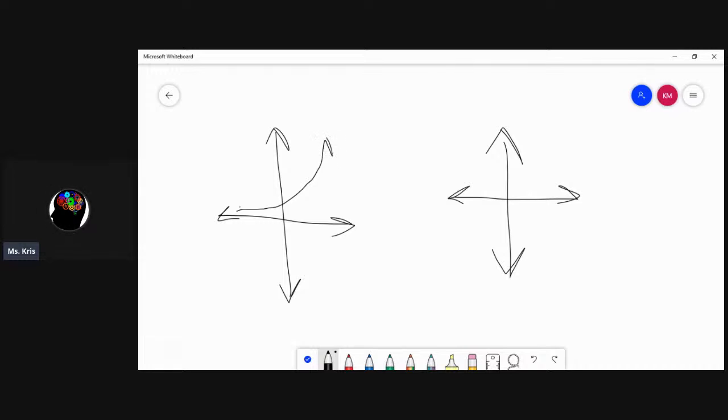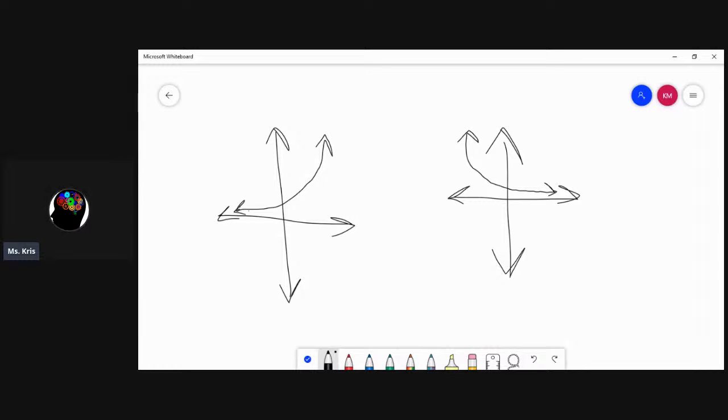One of them from left to right is growing, and one of them from left to right is decaying. Never getting to zero. Always remember with growth and decay, it never equals or touches zero.